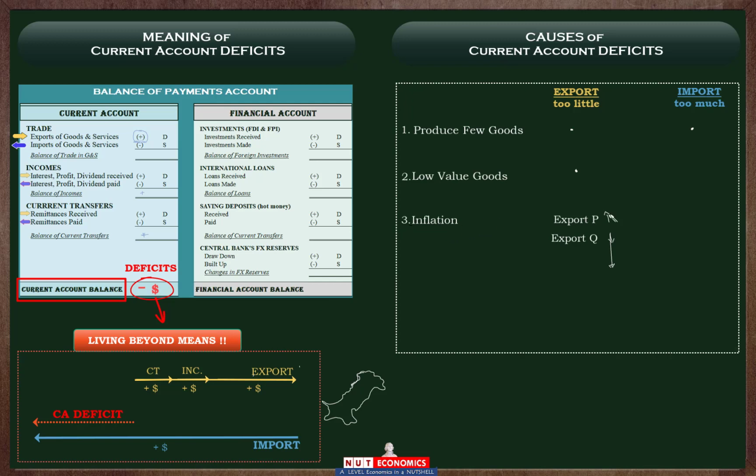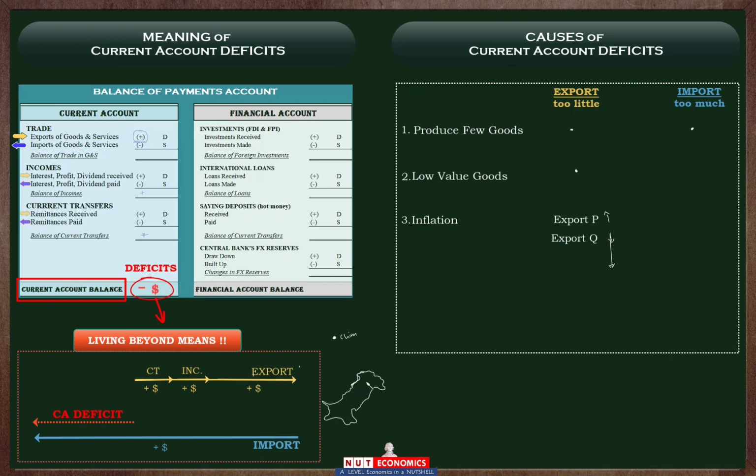Now, this inflation will also impact your import prices and therefore import quantity and import spending. And the way that works is that, you see, if you have inflation in Pakistan, and something is becoming more and more expensive in Pakistan, then relatively you can say that the same thing is becoming cheaper in China, because maybe there is no inflation in China and your country's product is becoming more and more expensive.